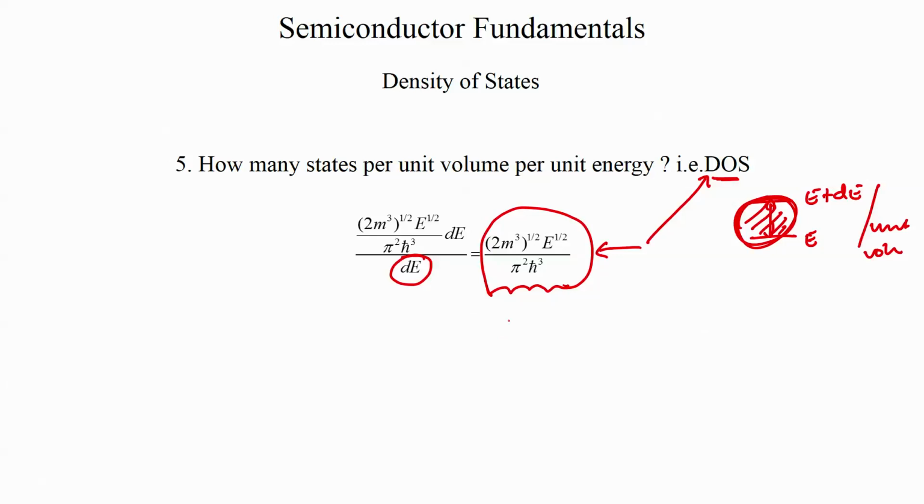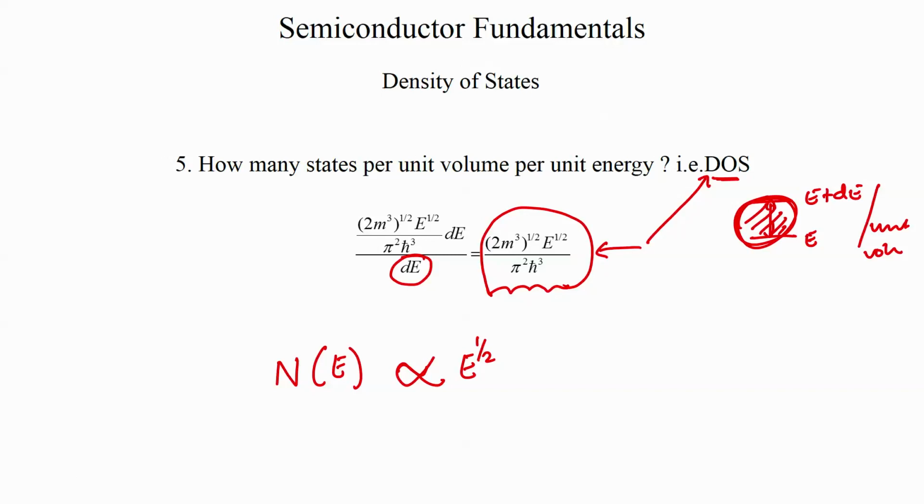So this is the density of states for a 3D material. Most importantly, what you must be looking at is how the density of states varies with energy. So this density of states for a 3D material scales as the square root of energy. It is proportional to the square root of energy.